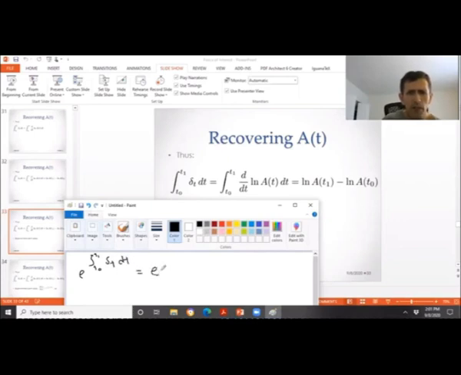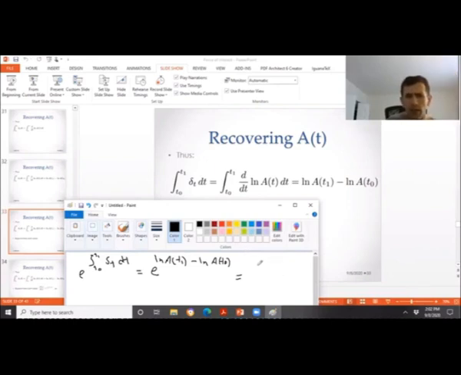That's going to be e to the ln a of t1, minus ln a of t0. So we know, or we should know, that whenever we have e of something minus something, it's e to the first something over e to the second something.